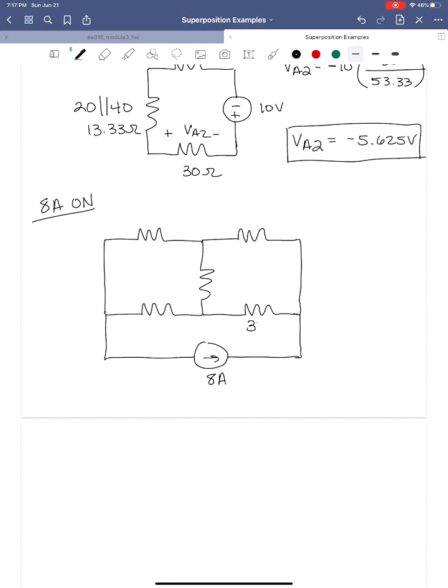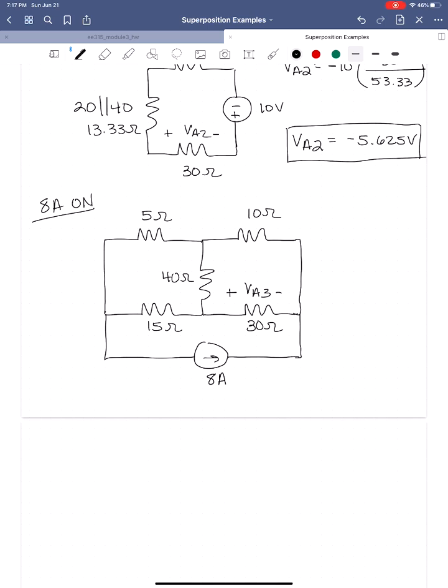This is 30 ohms. This is 15 ohms. This is 5 ohms. This is 10 ohms. This is 40 ohms. Actually, I'm going to write this 40 ohms on the other side. 40 ohms. And here is now VA3, the third part of the voltage VA that's a function of just that 8 amp source.